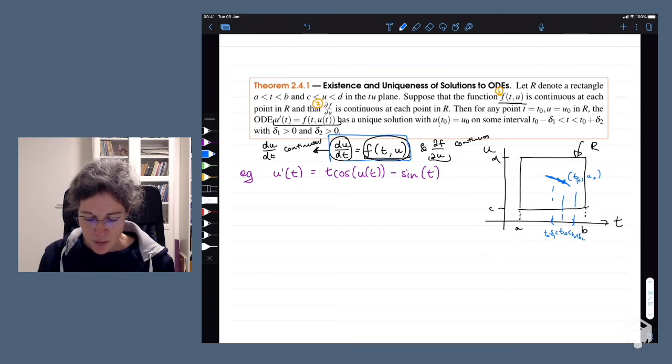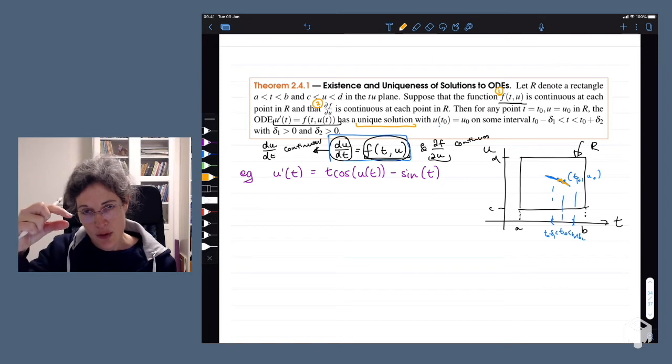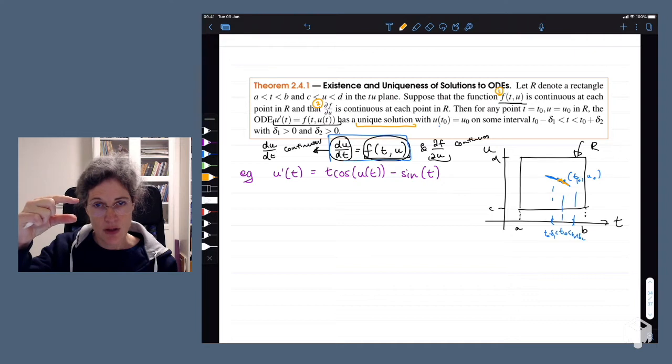There is one word that we left out, and that is that it's a unique solution. So that takes it even further, and it says that if I start here, I will find a solution that looks like this. And if I move over here, I've found a solution around a little bit, and then I move a little further, and I'm still within the range where I found a solution. If I look at that point, I will find the same solution, and I can extend my range a little bit further.